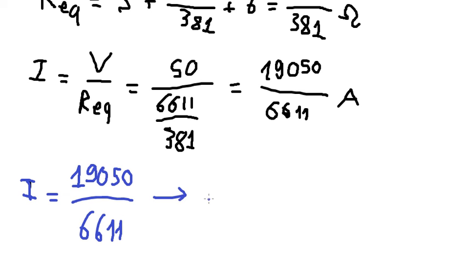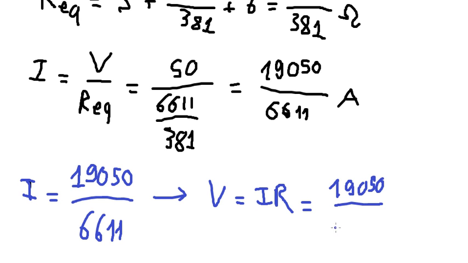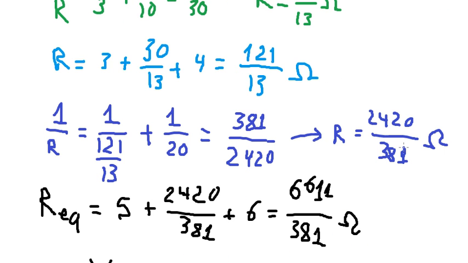Then we need to find V. That is I multiplied by R. I, we have this number in here. And R, that is this number in here.